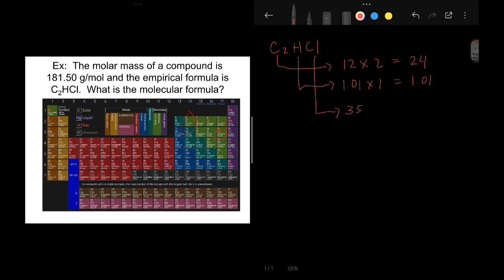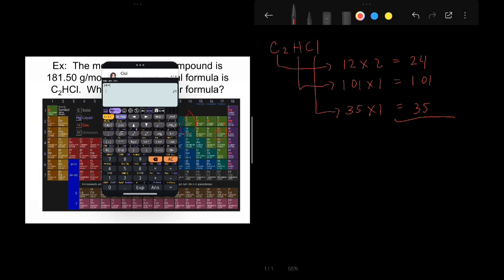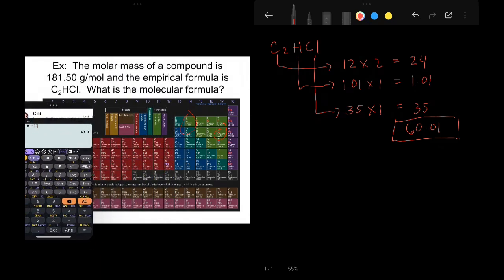So 35, we multiply it by 1 because chlorine has a 1 subscript, or 1 atom. Definitely we got 35. So all of this will be added: 24 plus 1.01 plus 35, we got 60.01.